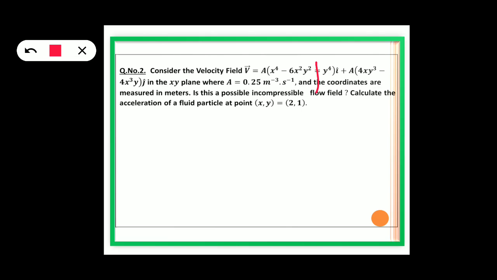Is this a possible incompressible flow field? Calculate the acceleration of a fluid particle at point xy equal to 2, 1.